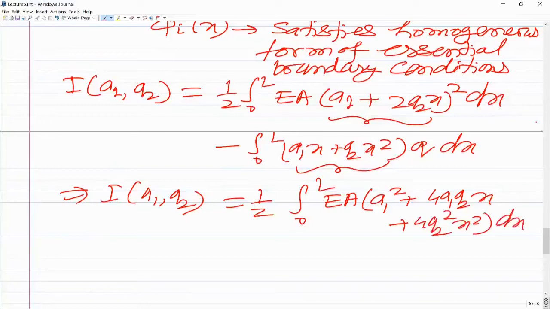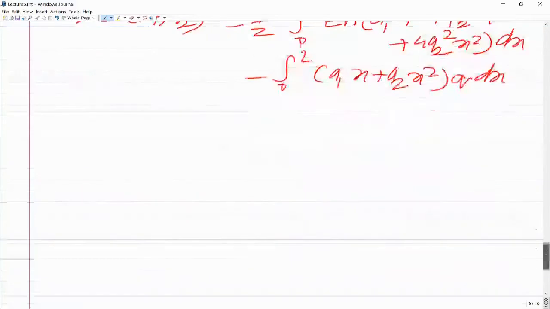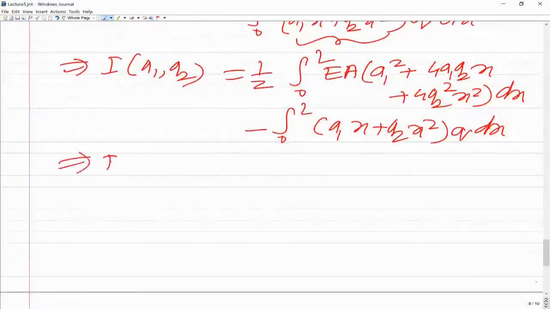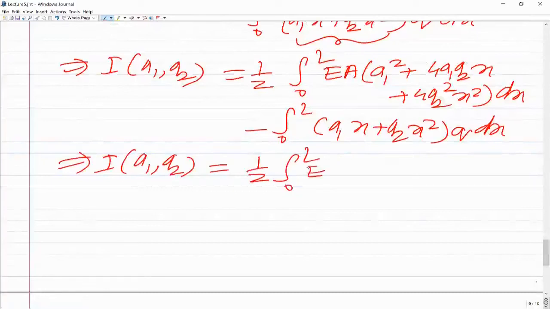That's the first term, minus, of course, the second remains as it is, a1x plus a2x square times q dx. Now if you look at this, I of a1 and a2, you carry out the integration, half of the integral from 0 to L, and then you have... let me carry out the integration now, so I will not write this.